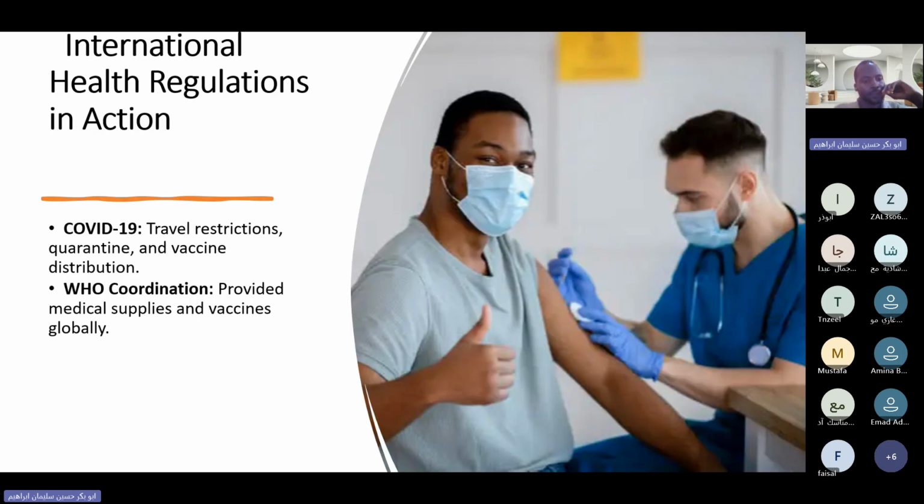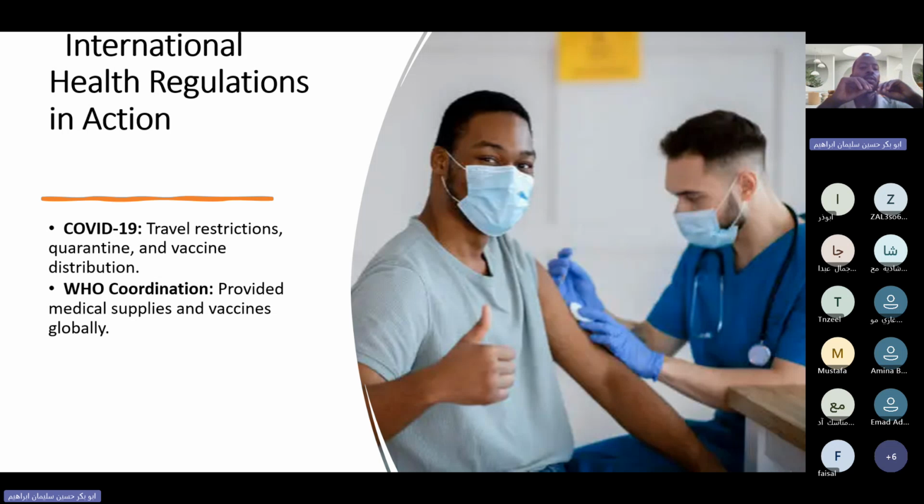Now you can see the International Health Regulations in action. As I mentioned, the International Health Regulations 2005, see their action. During COVID-19, there were travel restrictions, quarantine, and vaccine distribution.